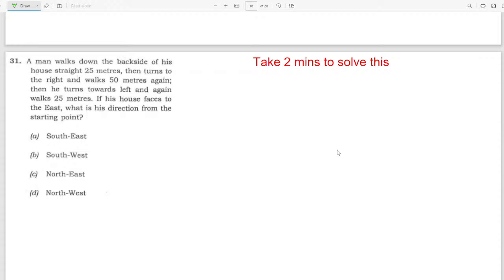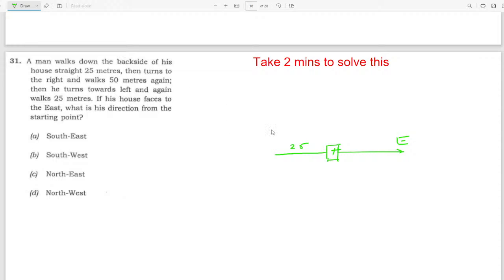So the house is facing towards the east. So this is the east. This is the house. I'll write it as H. Now they're saying the man walks down the backside of his house straight 25 meters. So he's going here, backside of his house, straight 25 meters.